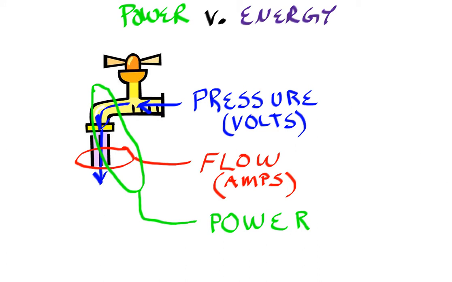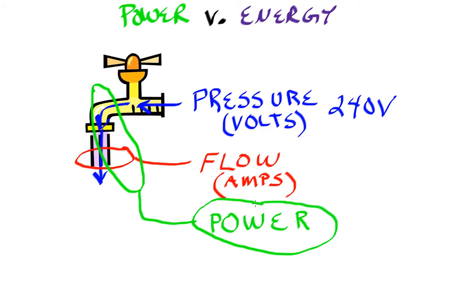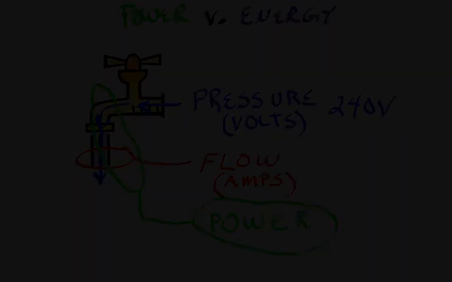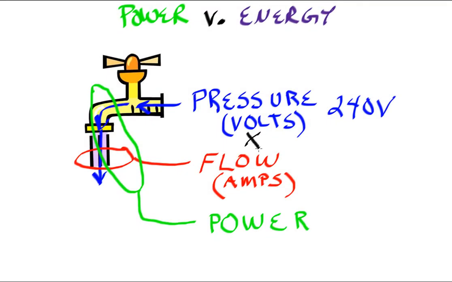With electricity, if we crank up the electrical pressure, the voltage, to say 240 volts through the use of a transformer, which I'll talk about in another video, we will have more electrical power labeled here on my drawing. In electrical terms, when you multiply electrical pressure in volts times electrical flow in amps, you get power, and that's measured in watts.